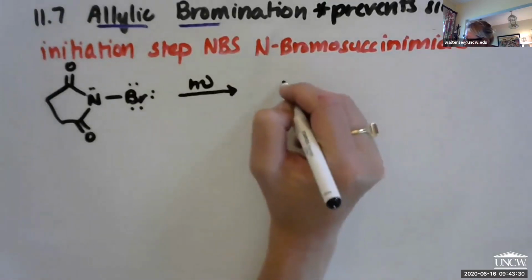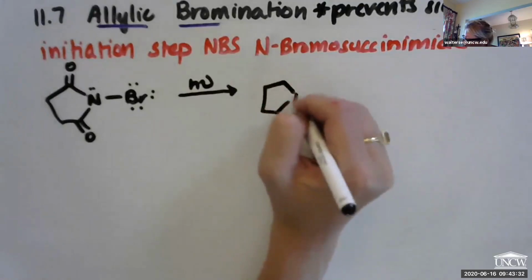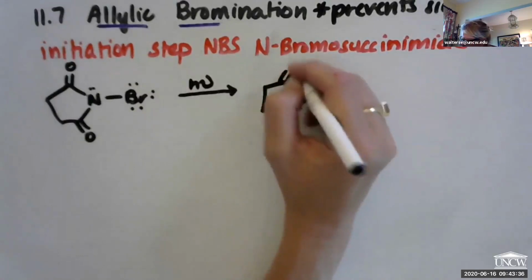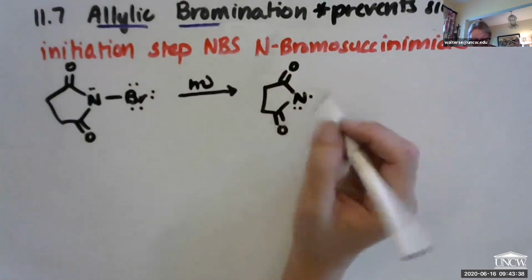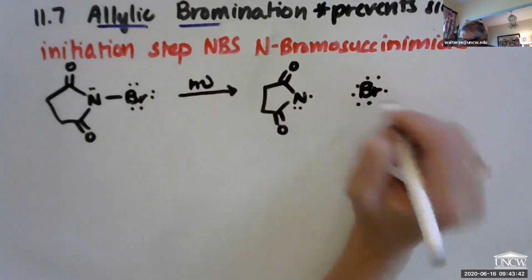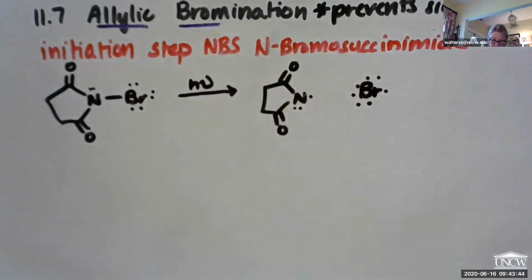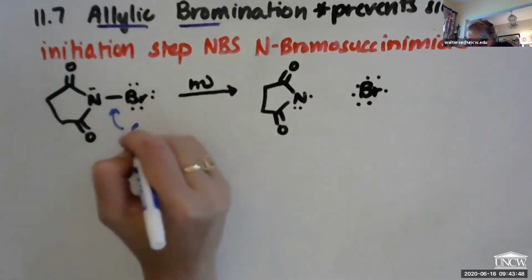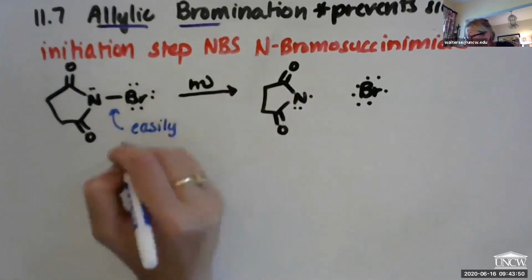And then what you make are these 2 radicals. Okay. This bond is easily cleaved, homolytically.